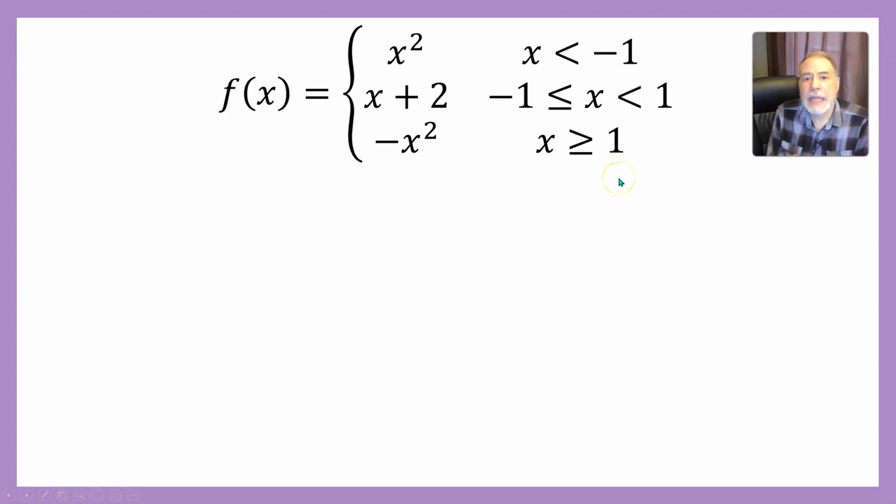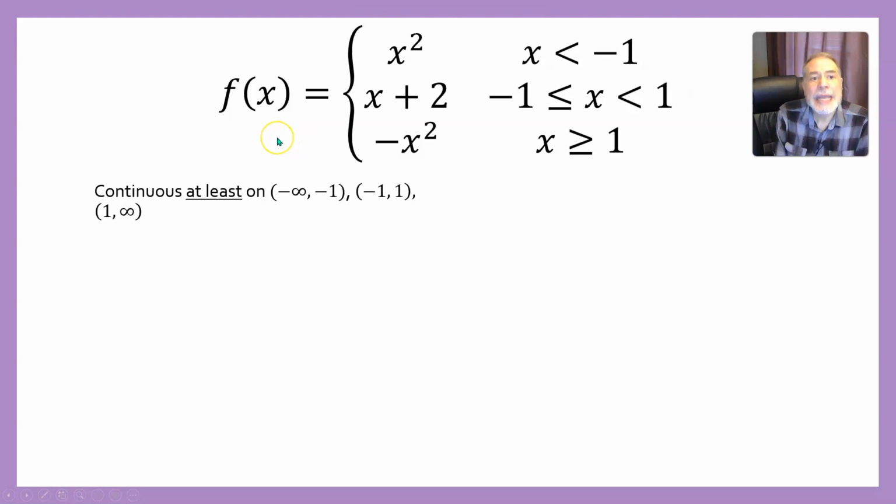So as long as x stays on one of those 3 intervals and doesn't cross over one of those dividing points, then the function behaves like one of these continuous polynomial functions. So this function is at least continuous on the interval from -infinity to -1, and on the open interval between -1 and 1, and on the open interval between 1 and infinity.